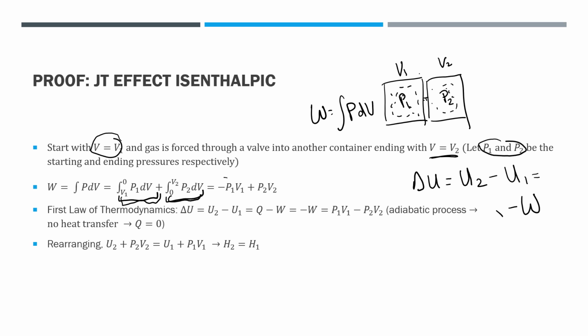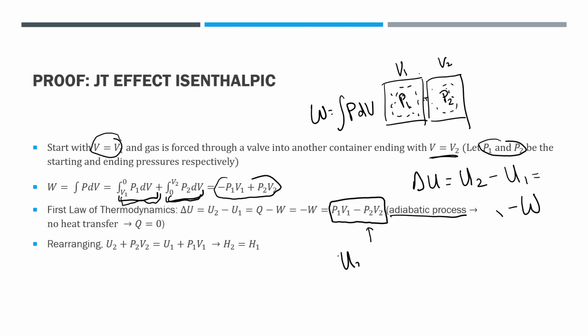And if I take minus of this, what do I get? I get P1V1 minus P2V2, right? So remember, this is an adiabatic process, so Q is equal to 0. So this is my change in internal energy, just by doing the math, right?